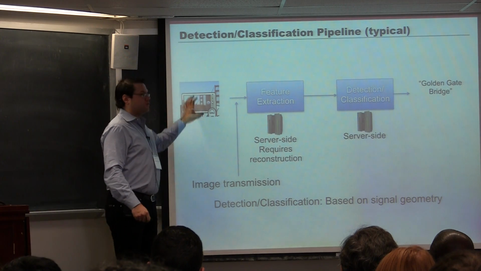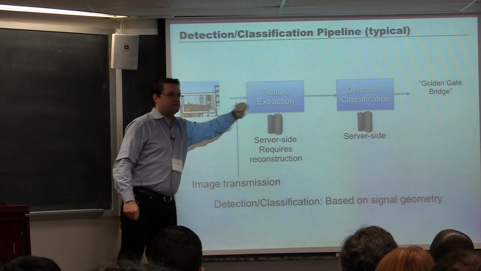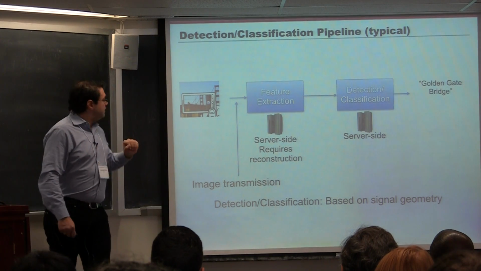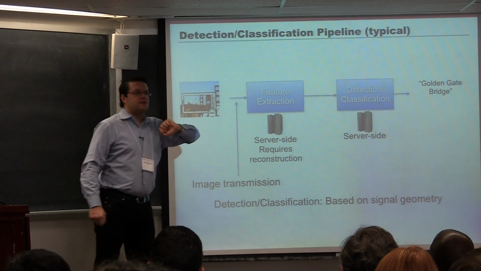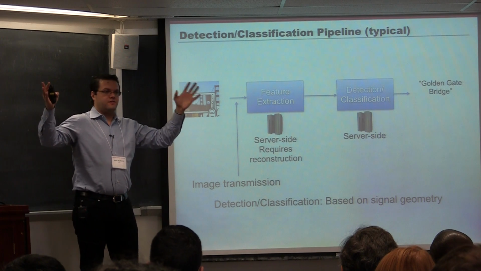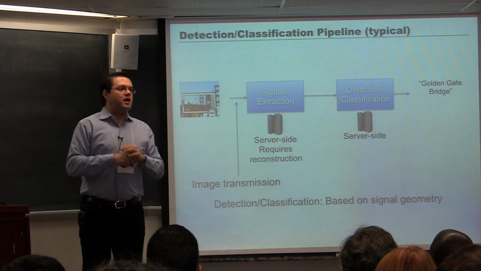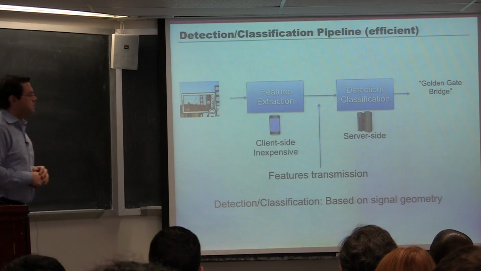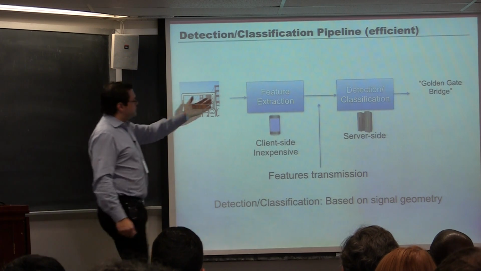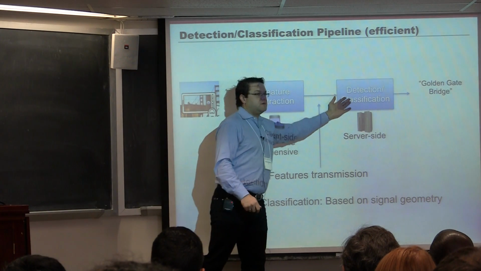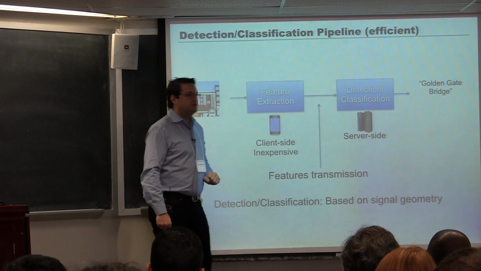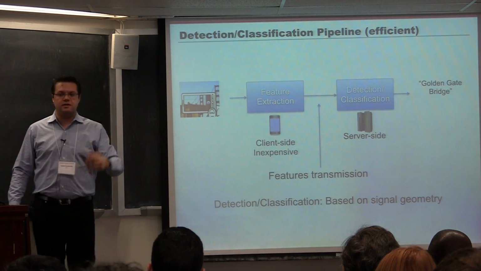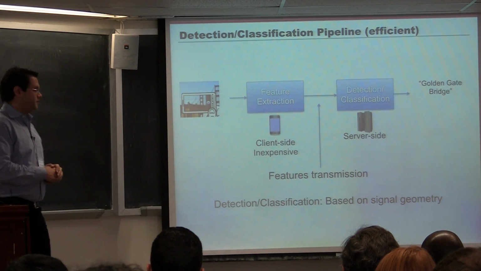If you were to do that, you would compress the image and you'd reconstruct it at the server, right? But the feature extraction is not something that requires that big database at the server. It doesn't require the big processing power in the cloud. You can actually do it on your client. So you could do the feature extraction in your client and transmit your features, and then use your features to query your database at the server.